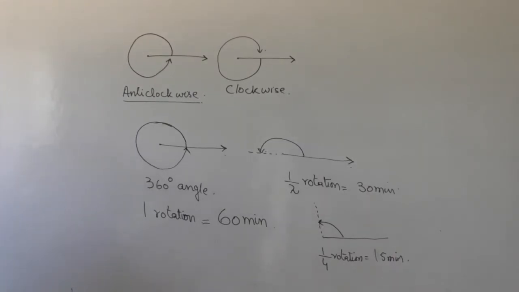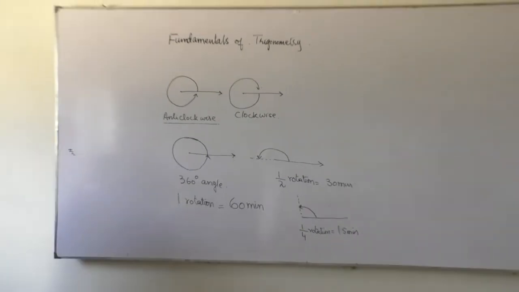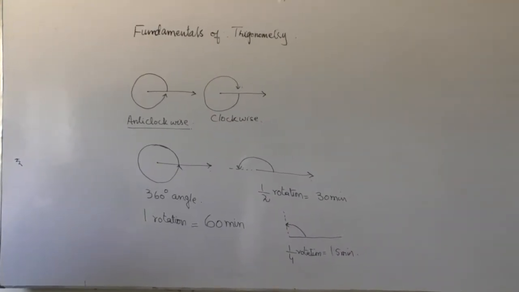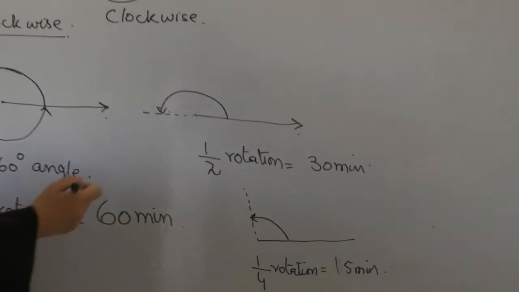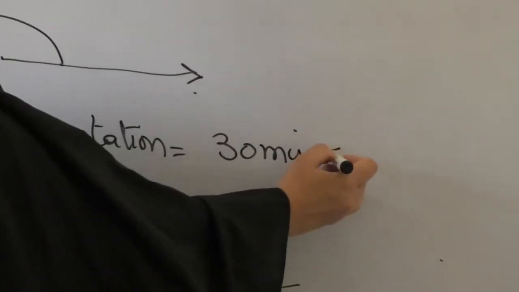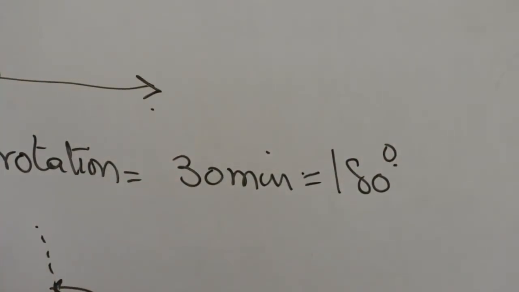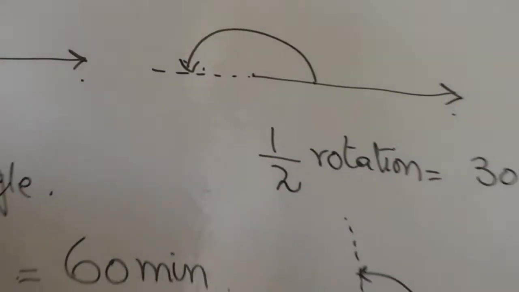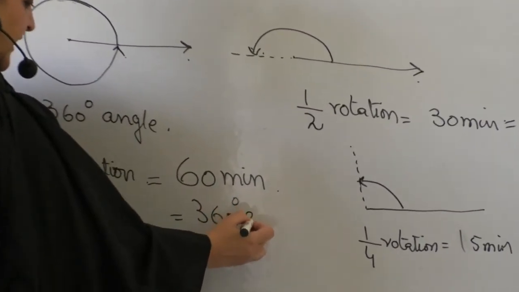In the anti-clockwise, there are 360-degree angles. In half rotation, where there are 30 minutes, this one is 180 degree, because in one complete rotation there will be 360 degree angles.